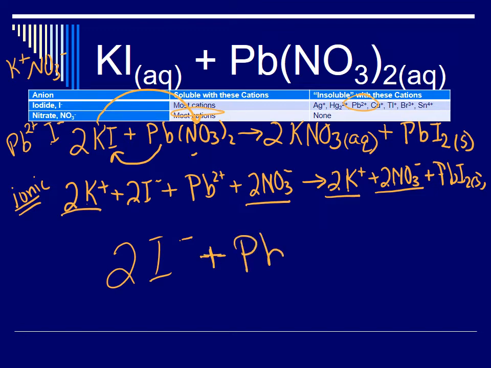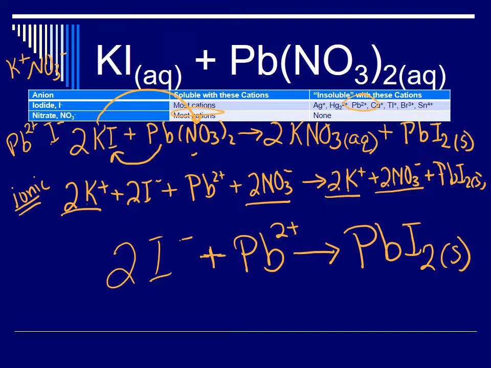Plus Pb2+. Now, does it matter in what order I write those two? No, this is addition. So it's just saying, hey, we have these ions, they're all in solution. But if they come in contact with one another, they're going to form this compound, lead iodide. This is called the net ionic equation.